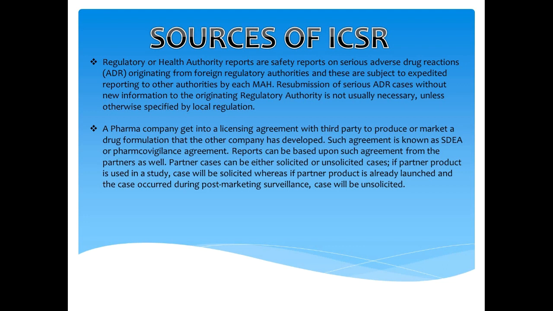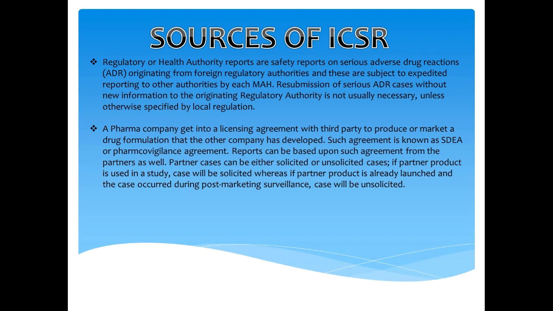So partners or another pharma company can also serve as a source of ICSR reporting. Such an agreement made between two partner companies is known as a pharmacovigilance agreement or safety data exchange agreement. Partner cases can be either solicited or unsolicited.